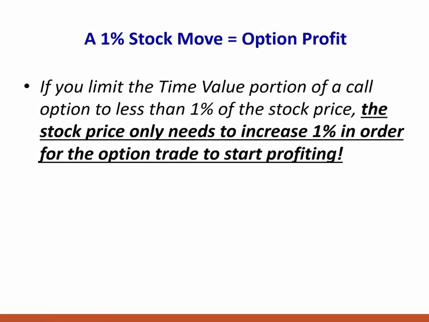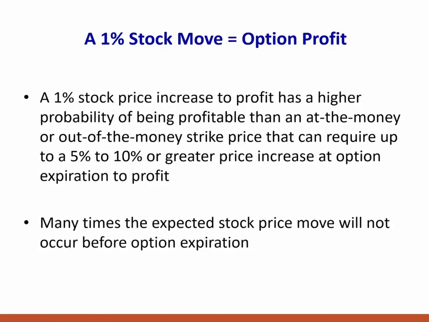Now, if you limit the time value portion of an option to less than 1% of the stock price, the stock only needs to increase 1% in order for the option trade to start profiting. So when you use the 1% rule, you only need a 1% move in the stock to start profiting on the option.